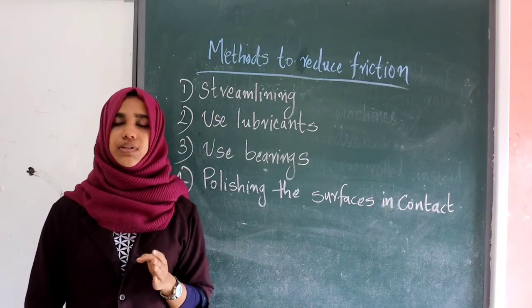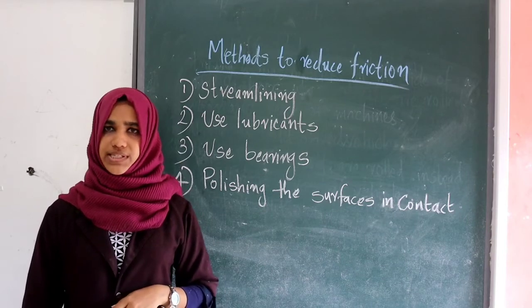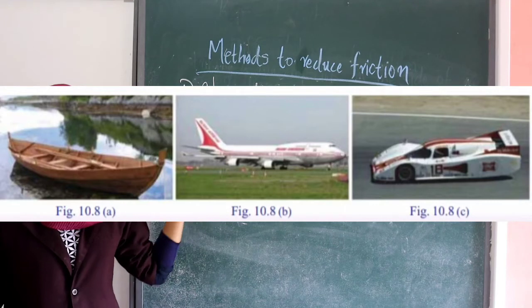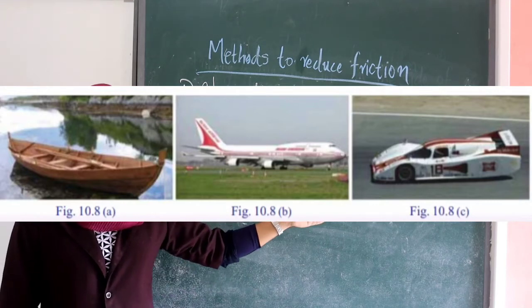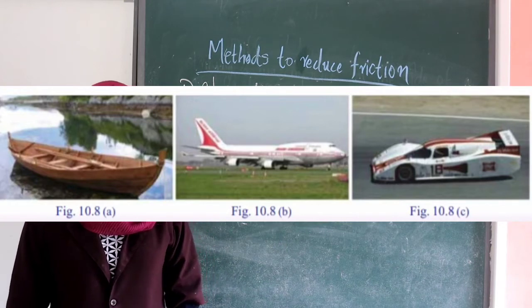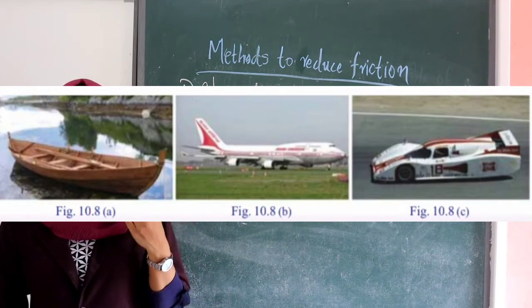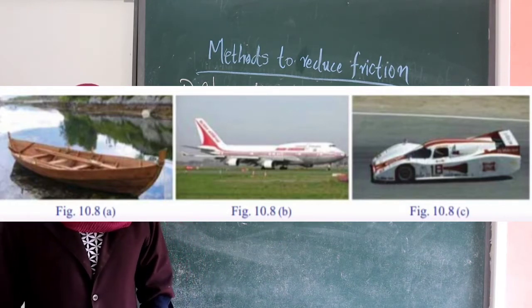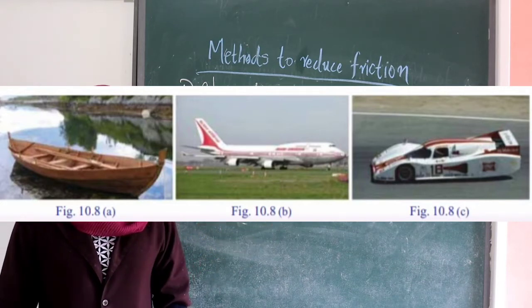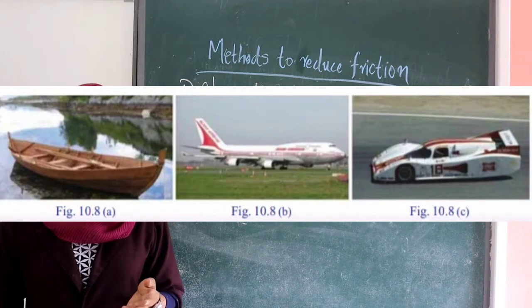I think it's not a familiar word to you, isn't it? In order to understand streamlining, observe these figures. Here you can see three figures. Why are they designed in a peculiar shape? For reducing the friction.